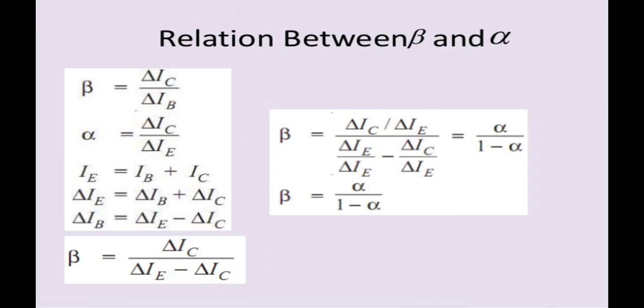We already know this equation: IE is equal to IB plus IC. So take delta IE is equal to delta IB plus delta IC. Arrange this equation for IB: delta IB is equal to delta IE minus delta IC.